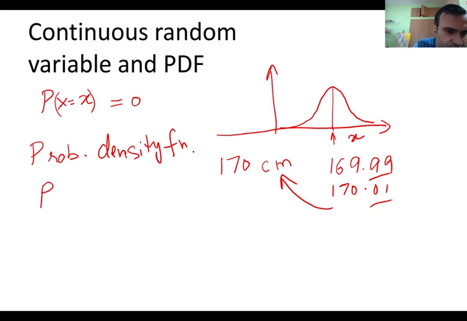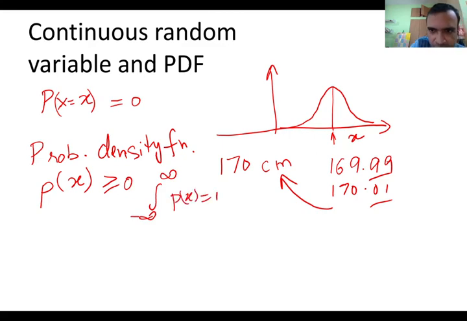We'll represent it using a small p. So p of x is greater than or equal to 0, and the integration of p of x from minus infinity to plus infinity is going to be 1. So the area under this curve is going to be 1.